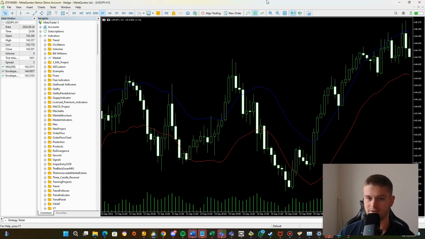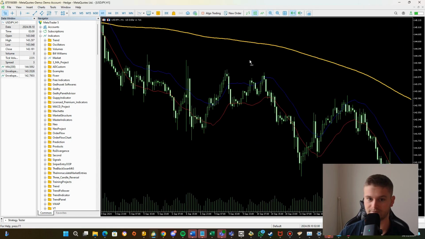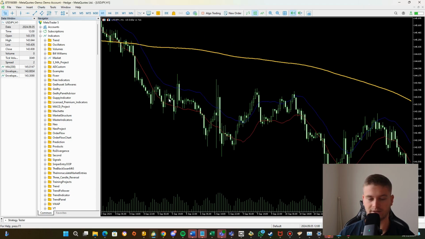On the other side, let's go back here for our sell trend. So this is our sell trend. Clearly the price is below the moving average, and so is the envelope, and therefore I will be waiting for the price to break above the higher envelope level and then go below that higher envelope level.